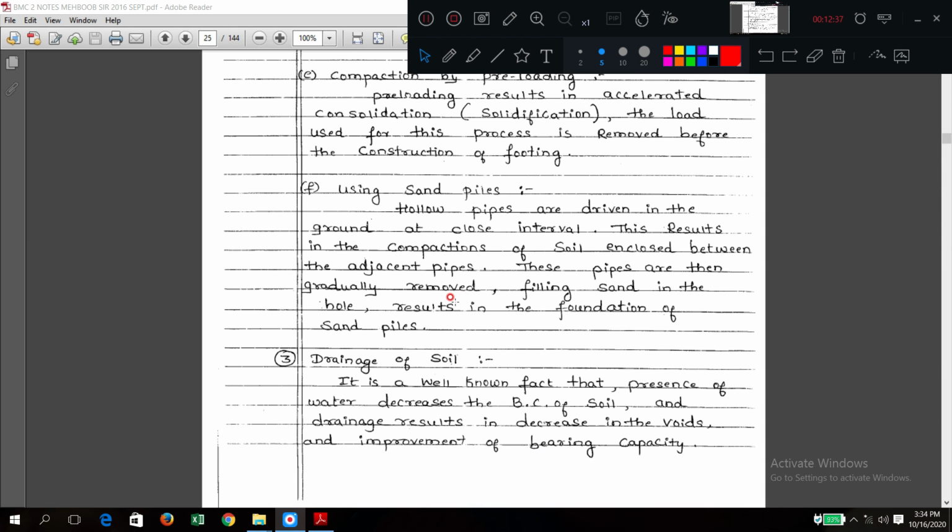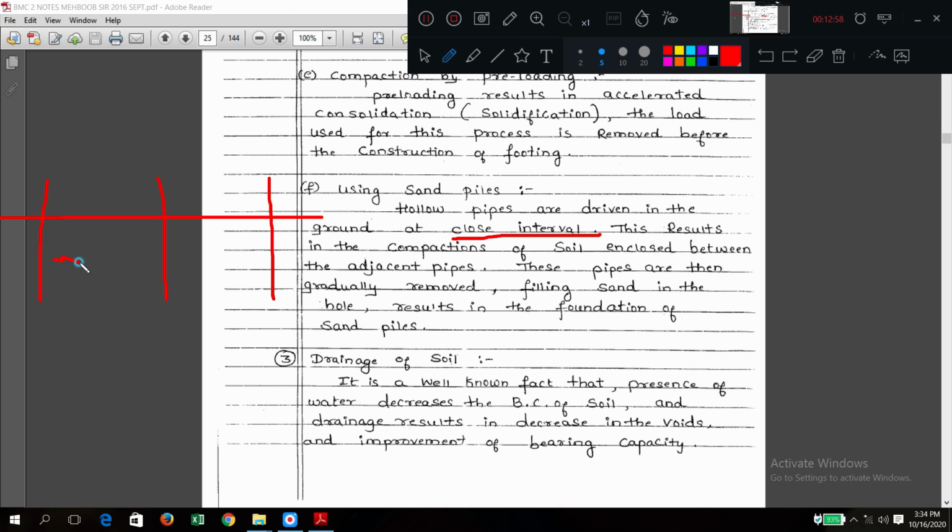Using this next method, sand piles. Using these sand piles, hollow pipes are driven into the ground at close intervals. Here, if it is ground level, some pipes are driven at close intervals. This will result in compaction. What will happen if we put the pipe?